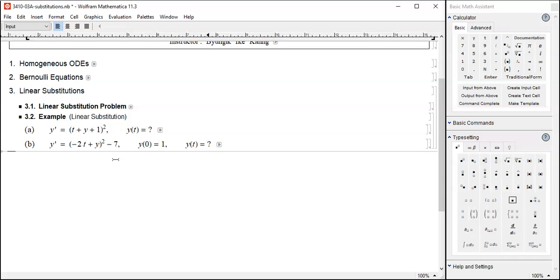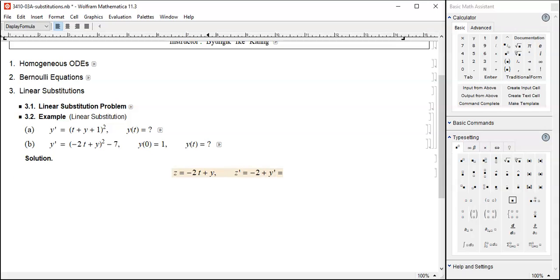How about the next problem? This is going to be my new character z, so negative 2t plus y. And now let's take the derivative: minus 2 plus y prime.